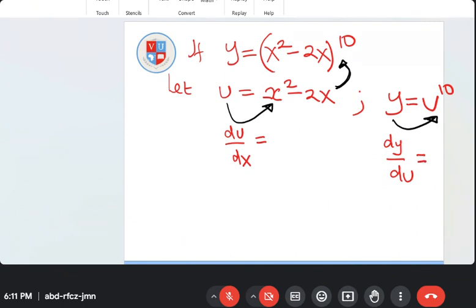We can apply the common rules as we know them to get 2x minus 2. Correct? Also here, we can get 10u to the power 9.